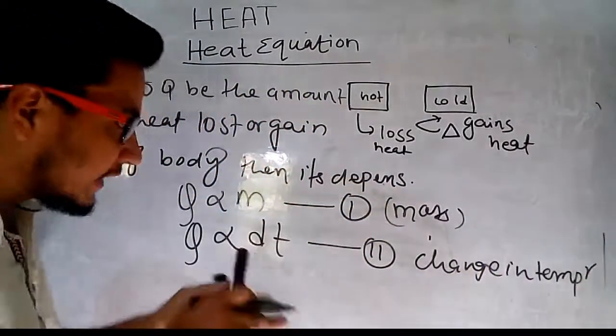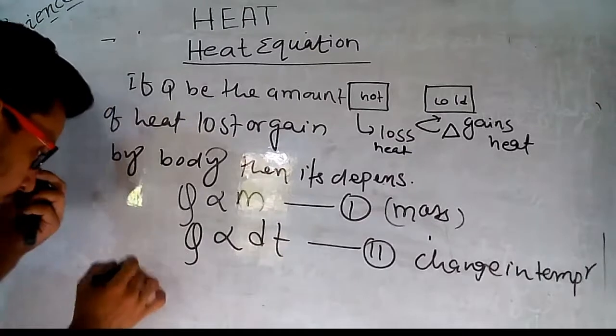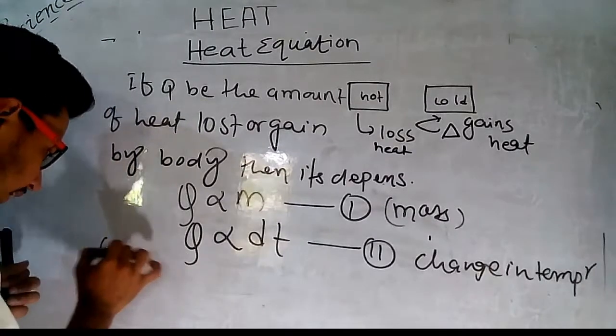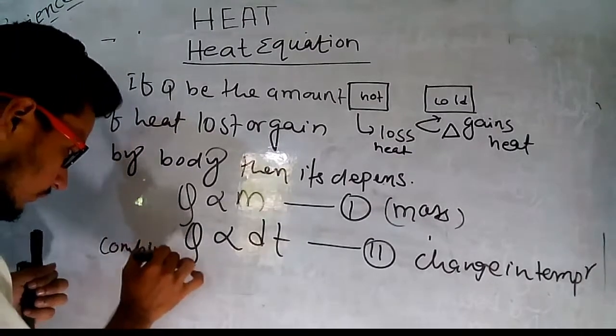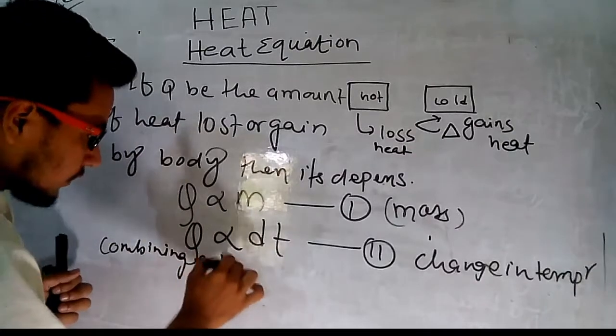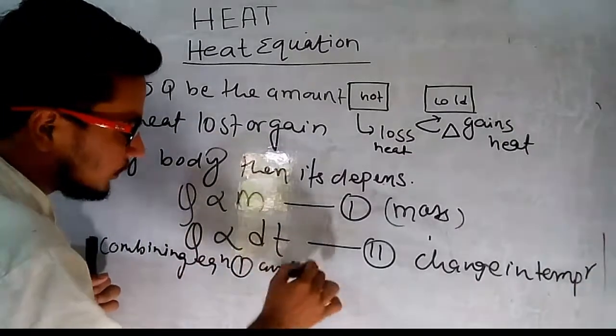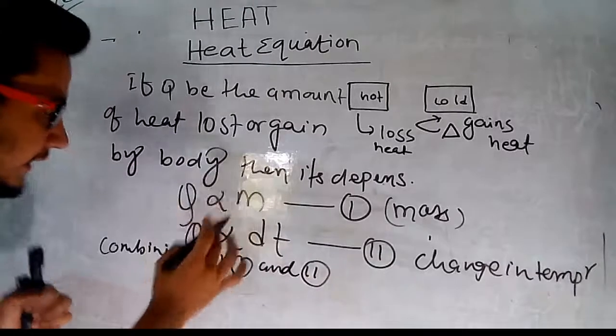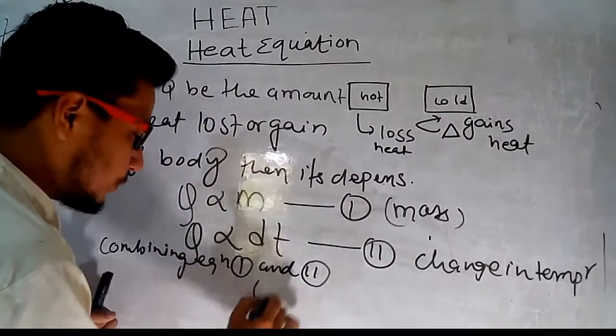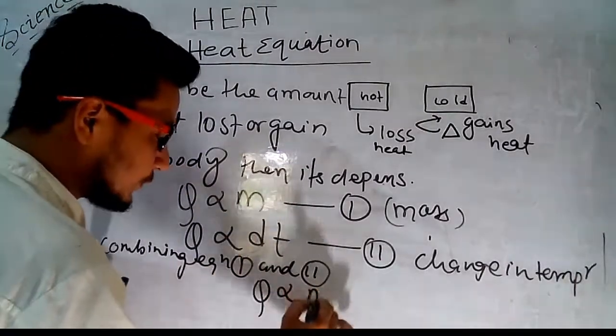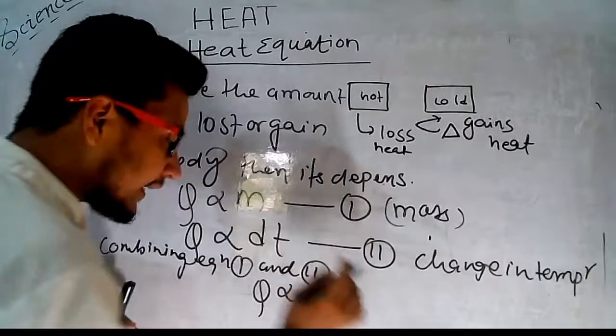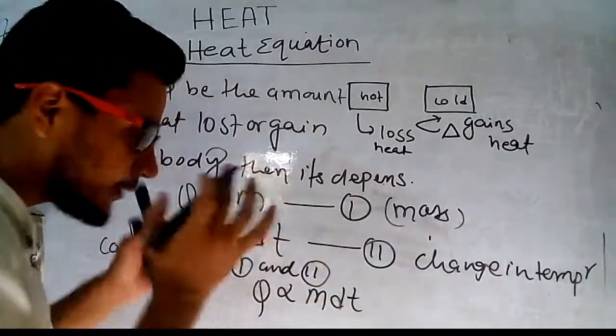Now combining equations 1 and 2, we get Q is directly proportional to m dT, that is mass and change in temperature.